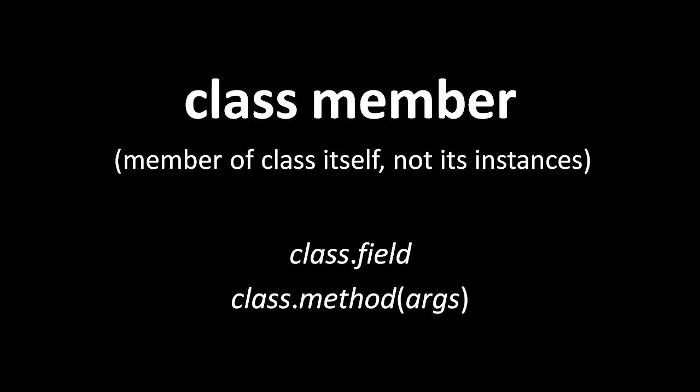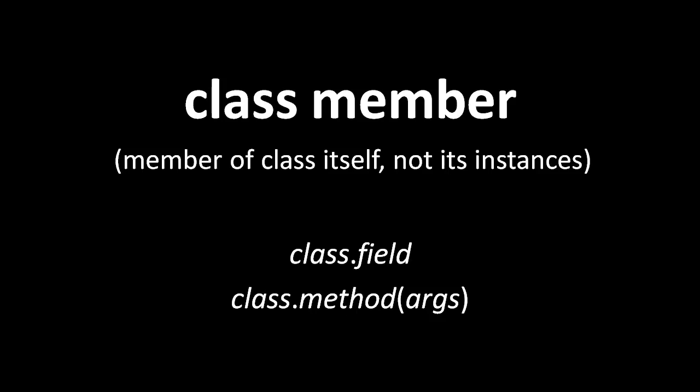A class field is in effect really just a global variable that happens to live inside the namespace of a class, and a class method is really just a plain old procedural function that also happens to live inside the namespace of a class. I would even go so far as to say that if you use a lot of class fields and class methods in your code, that code isn't really object-oriented at all. It's just procedural programming in disguise.